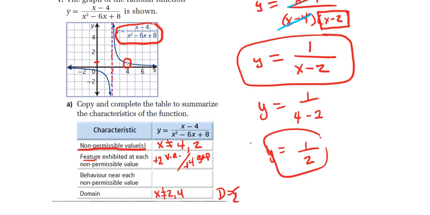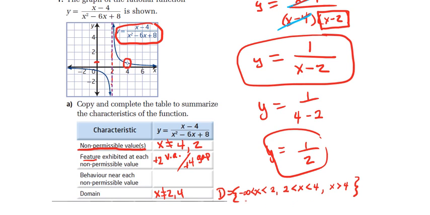How we would express that as all the possible values of x would be this. Domain equals, x would be okay from negative infinity to 2, as well as, and this is why I'm not going to need you to do this right now, as well as from 2 to 4, as well as x greater than 4.